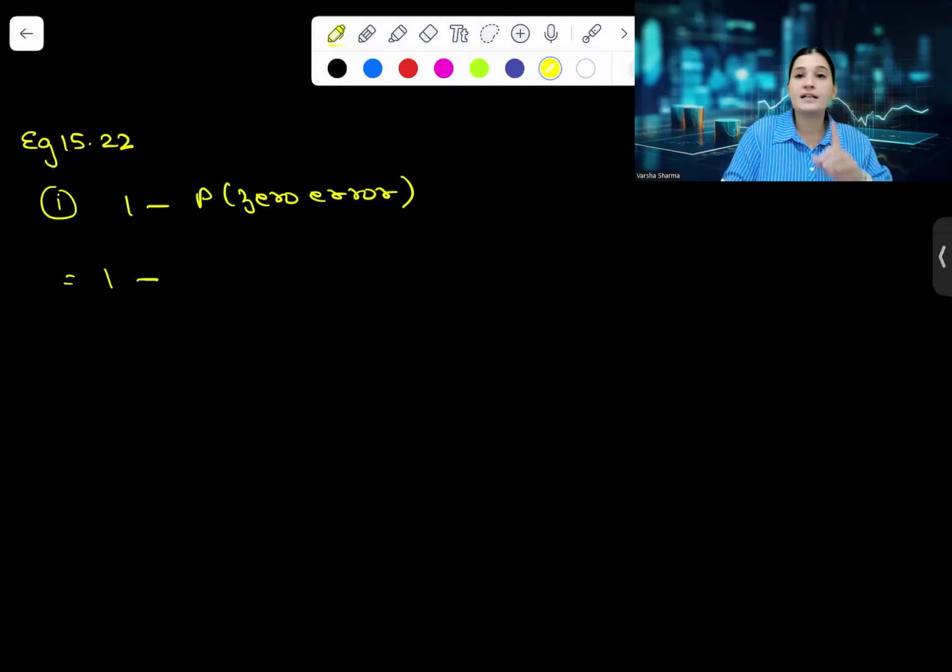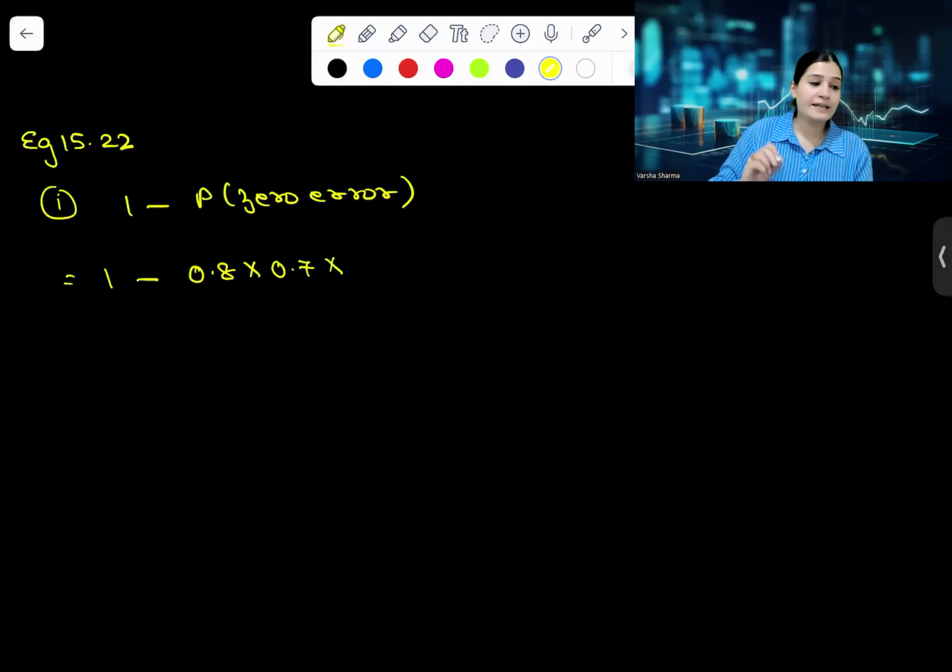So 1 minus, first one will not make an error. Making an error was 0.2, not making an error will be 0.8. Second one making an error is 0.3, not making an error will be 0.7.